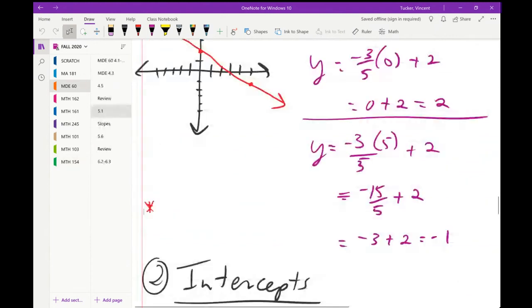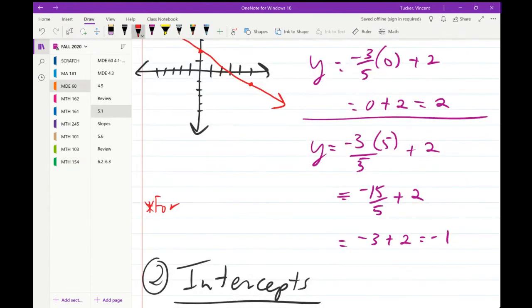All right, and this note is for me, not for you guys. I'm about to go to another page, finish off this chapter 4.